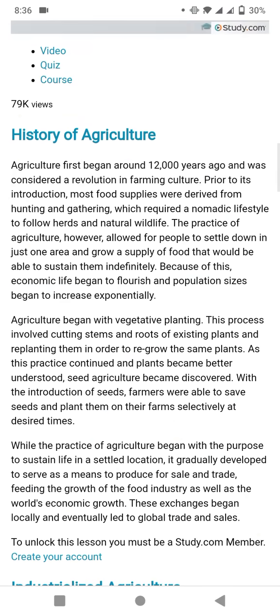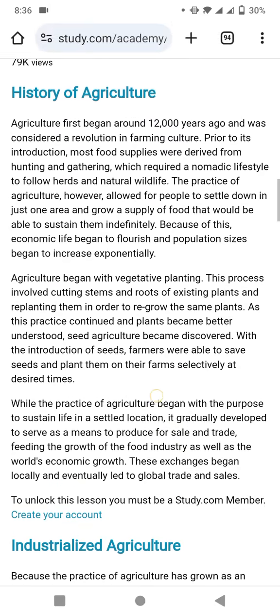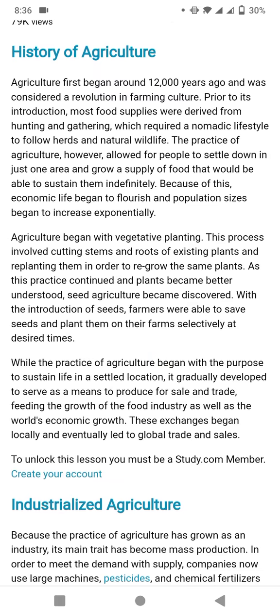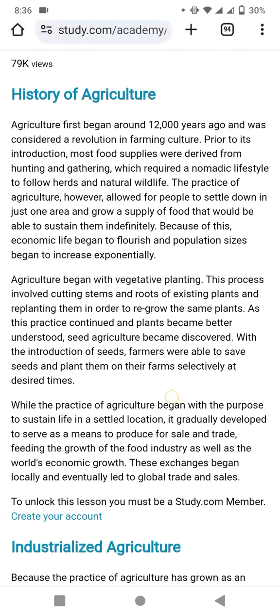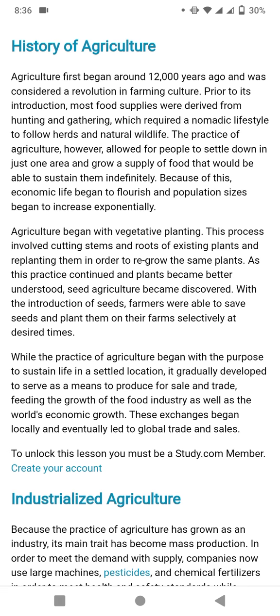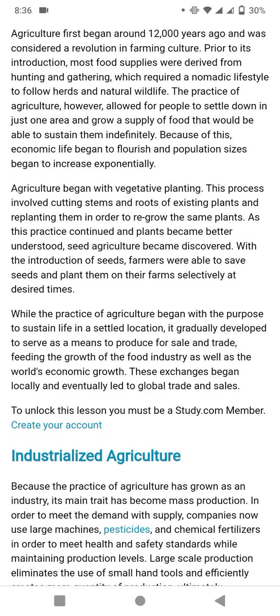So now we discuss the history of agriculture. Agriculture first began around 12,000 years ago and was considered a revolution in farming culture. Prior to its introduction, most food supplies were derived from hunting and gathering, which required a nomadic lifestyle to follow herds and natural wildlife.